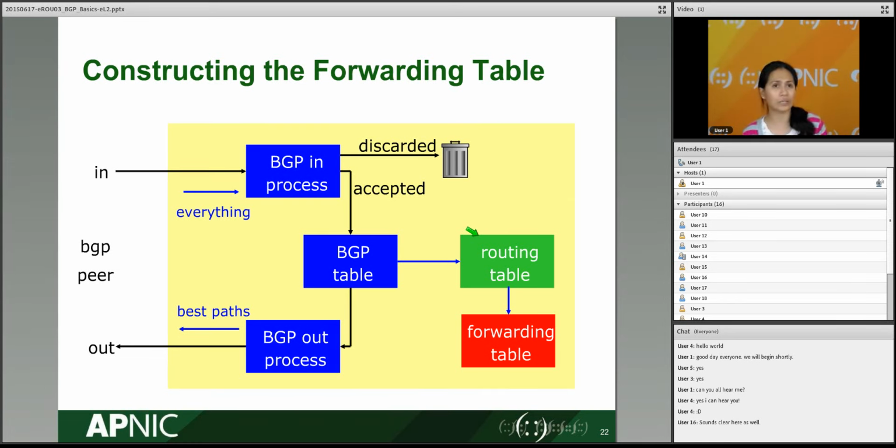The forwarding table only contains the best path. So if the path becomes unavailable, it can check the routes again and find the best path from the routing table. So that's a big picture of how prefixes that are coming in are processed before they go out and are announced further to the neighbors.